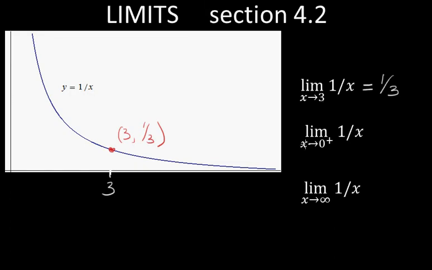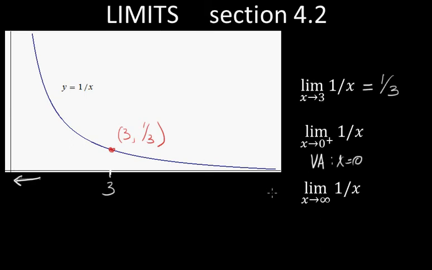Now for the next one, the limit as x approaches 0 from the right. So we're coming in, remember the little plus sign means from the right. And in this case, I guess it also means positive. So we're coming into 0 from the right, and we see that the graph is just rising. And in fact, we know that there is a vertical asymptote with equation x equals 0.